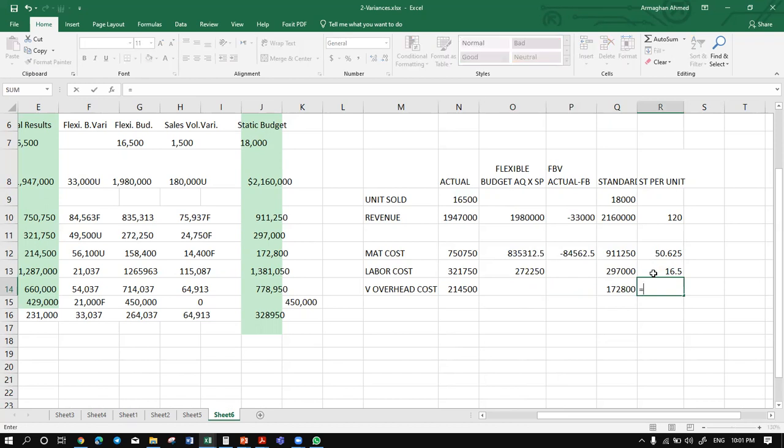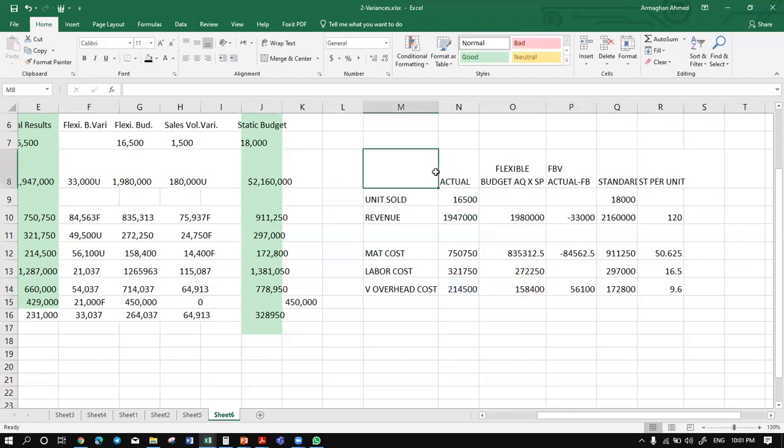Same, sir: 172,800 divided by 18,000, the rate came 9.6, multiplied by 16,500. And then finally, flexible budget variance is actual minus flexible. This is what we have done.